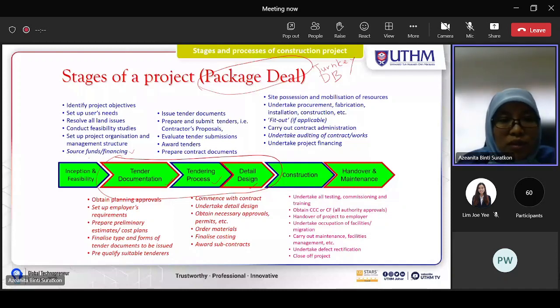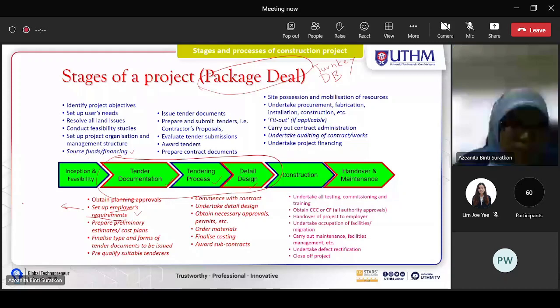Okay, and then follow here tender documentation: obtain planning approval, set up employer's requirement. So this is sometimes the owner or the client, with or without the help of the consultant. He needs to set the employer's requirement, or sometimes they call it needs statement.